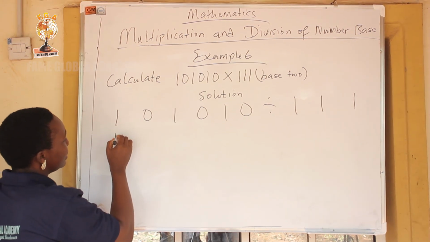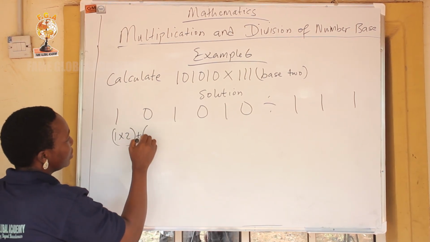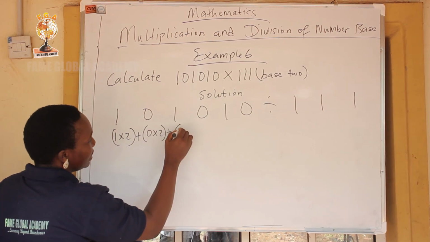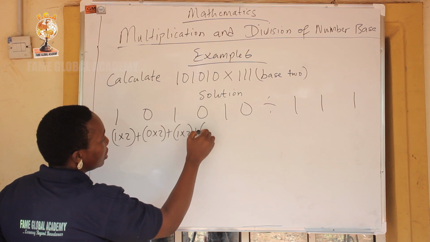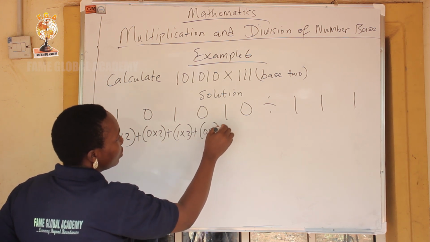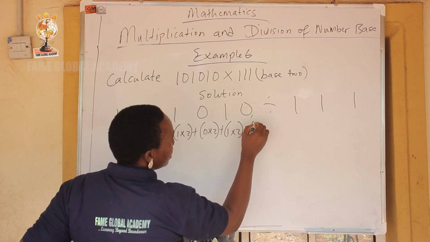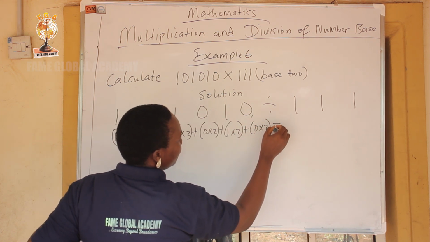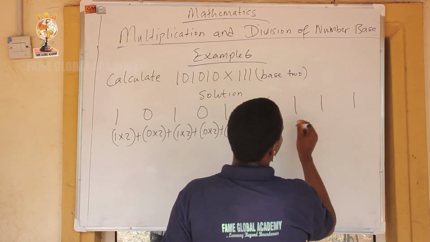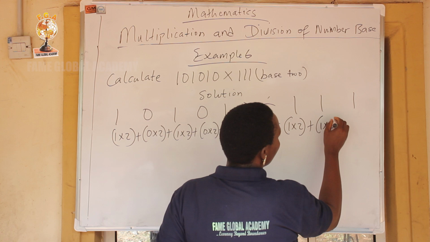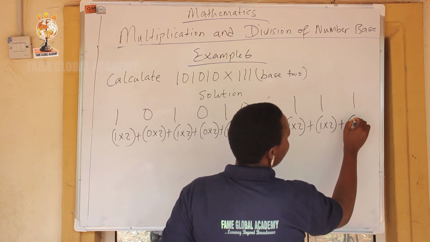So here is 1 times 2 plus 0 times 2 plus 1 times 2 plus 0 times 2 plus 1 times 2 plus this last 0 times 2. Divide by, so we come to this part, 1 times 2 plus 1 times 2 plus 1 times 2.